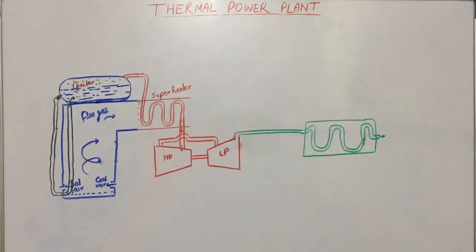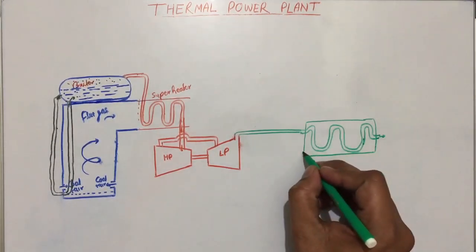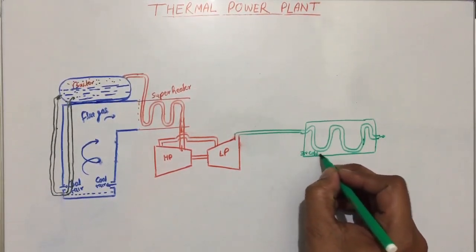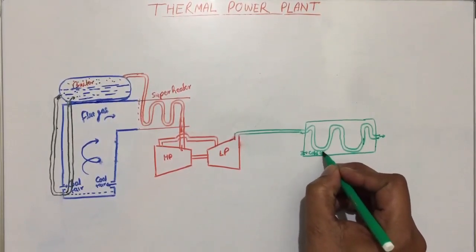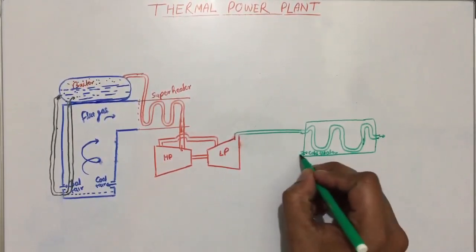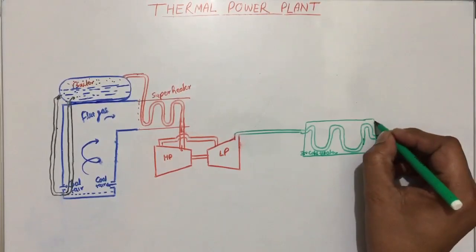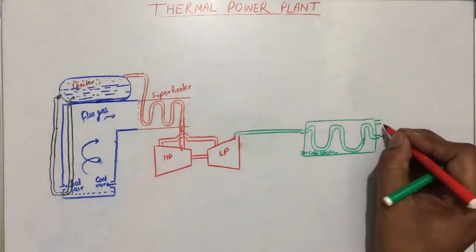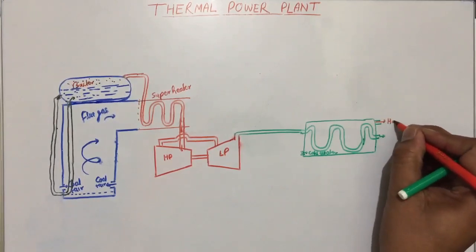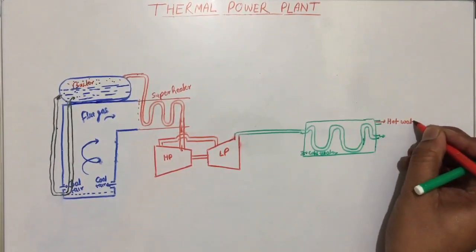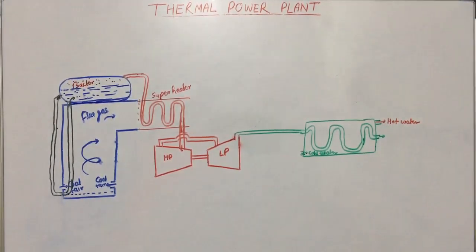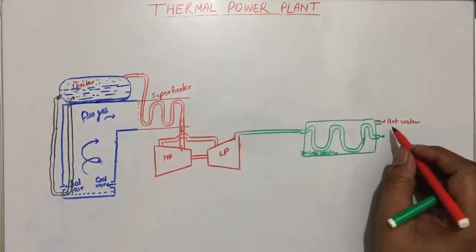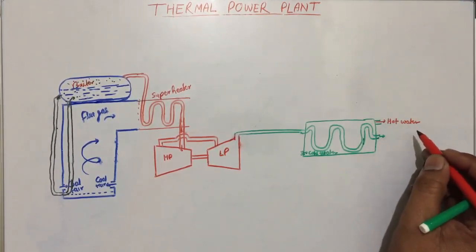This is one possibility. And to condense it, cold water is injected in, and from here hot water will come out. You can leave this hot water to the atmosphere.